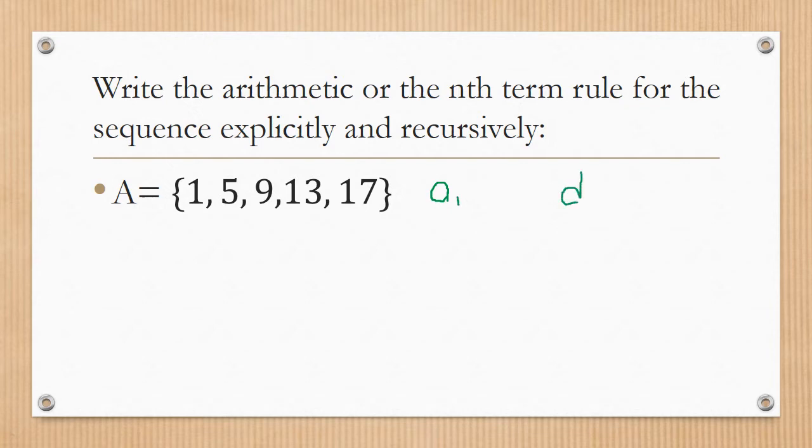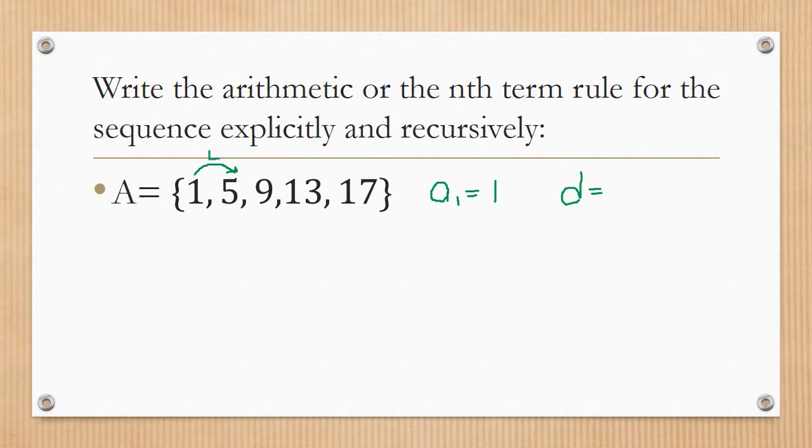Looking at this sequence, I have 1, 5, 9, 13, and 17. That means the first term is 1, and we can find the common difference by subtracting a term from the following term. So that means 5 minus 1, which is 4.